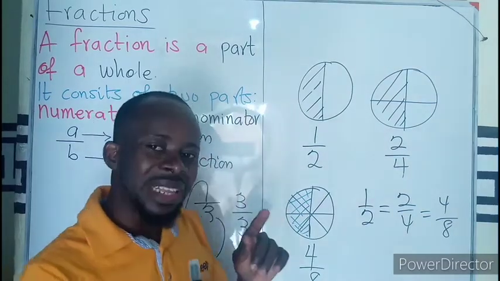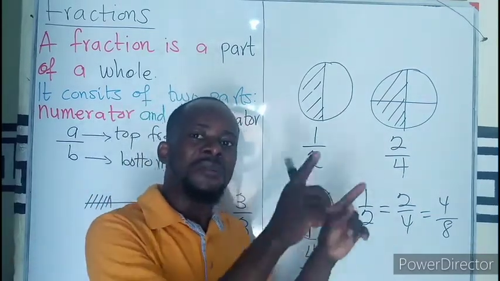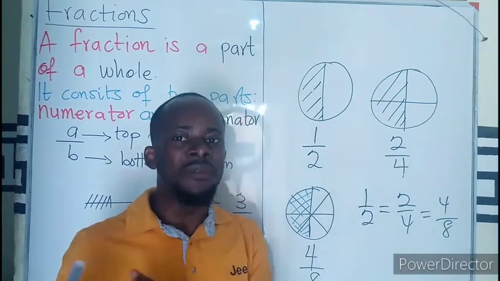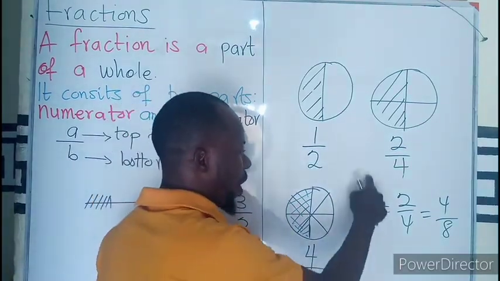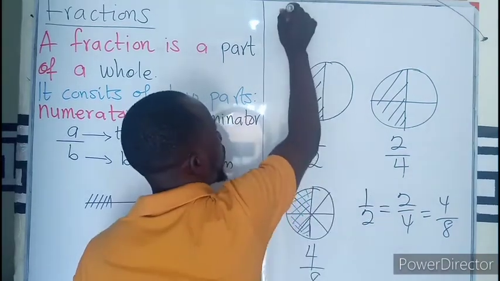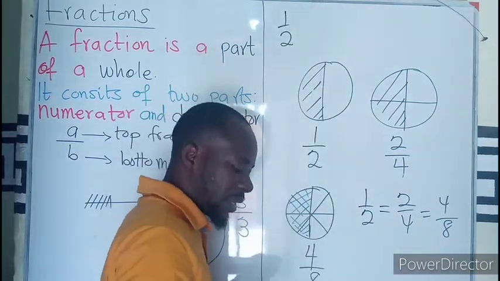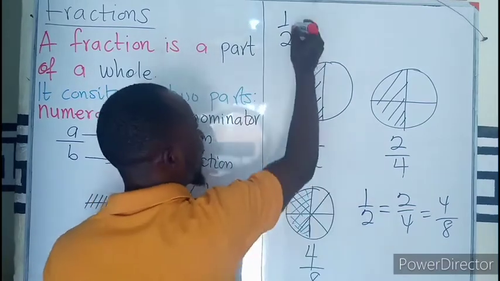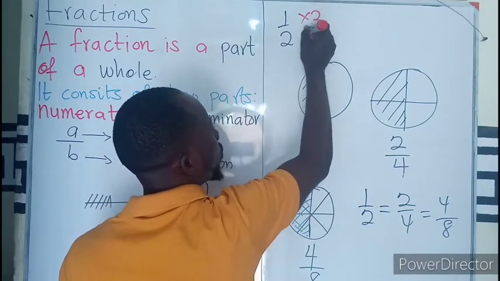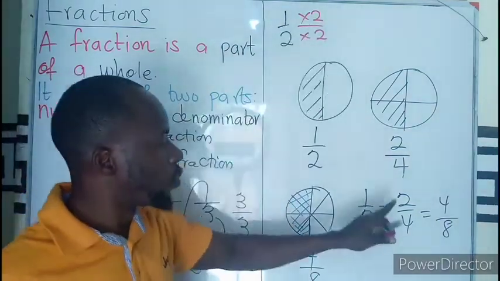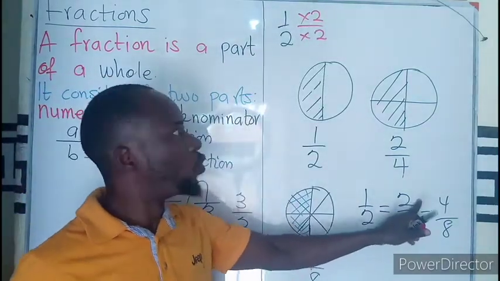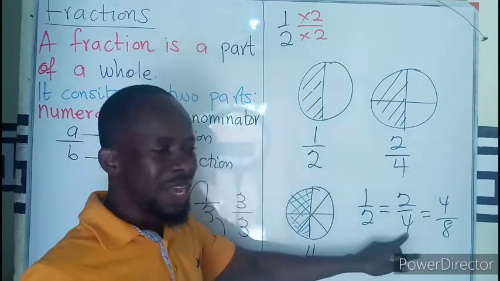Or there is a factor dividing the bigger fraction to give us the smaller fraction. What I mean is that there is a factor here. If I pick 1 over 2, 1 out of 2, and I multiply the numerator by 2, 1 times 2 gives us 2. 2 times 2 gives us 4.